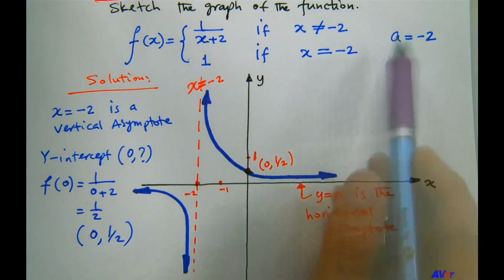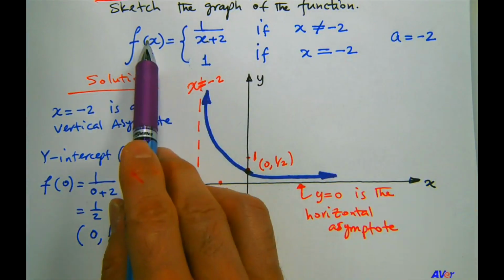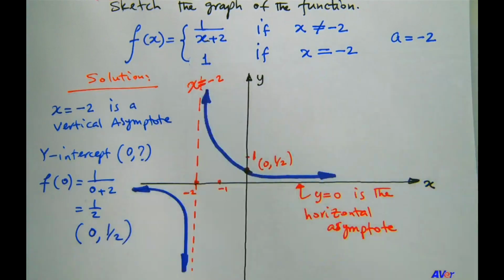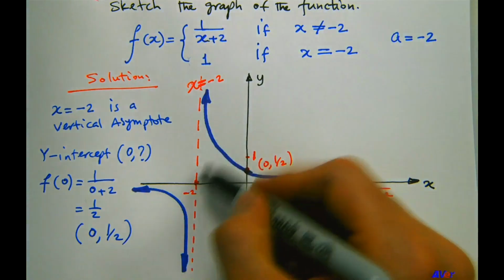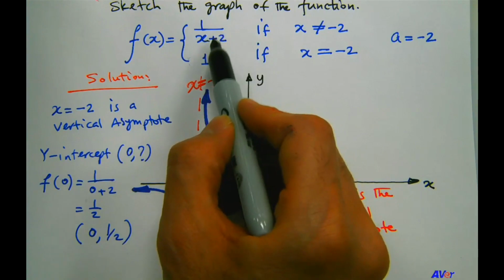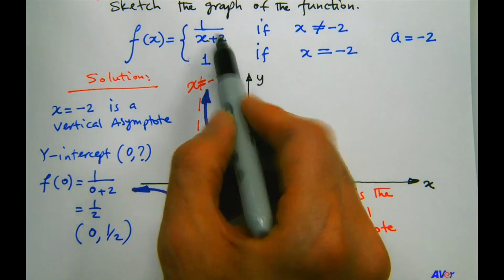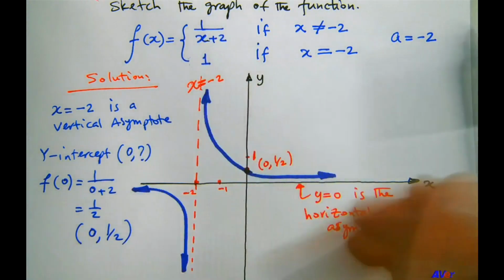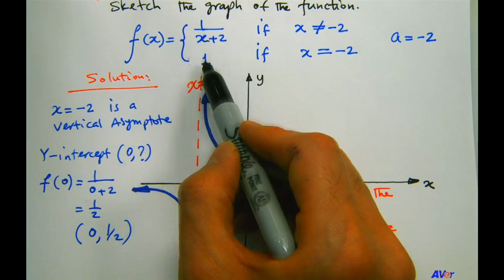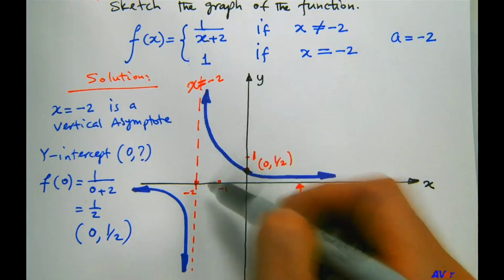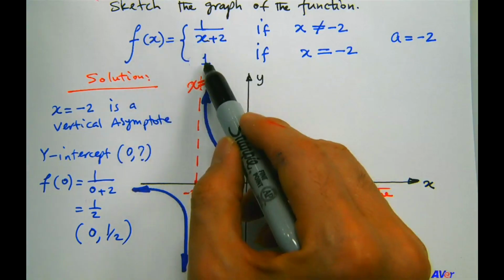But look at this. The function at -2 is defined as 1. So I need to put a point here. At -2, according to this piece, we know that it is undefined. But this piecewise function is defined such that we are told at x equals -2, the value of this function is equal to 1.